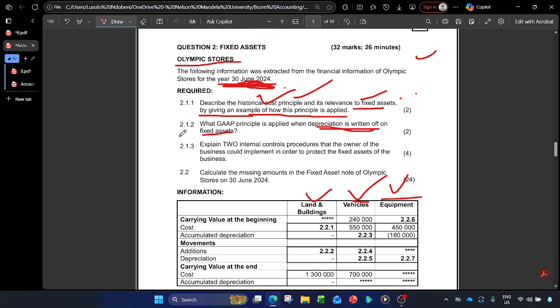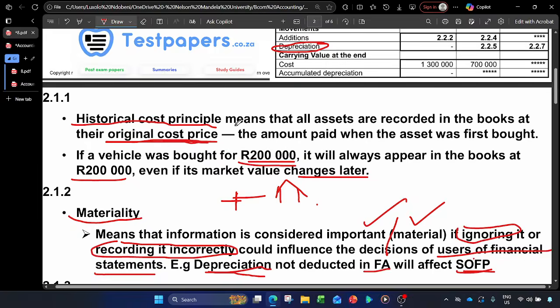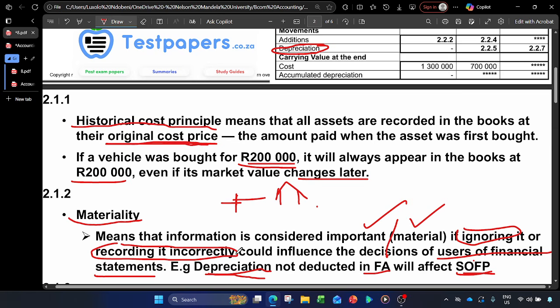So why can we say that? I think I explained it here, because if depreciation is not deducted, that means that that will reflect a misleading amount on the balance sheet. So remember this materiality, I didn't define this GAAP principle because I knew that I also spoke about it in this memo, right?